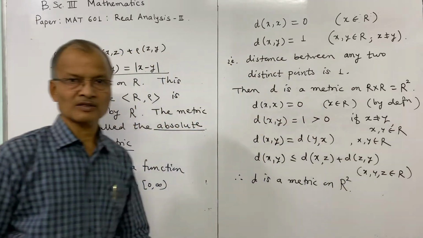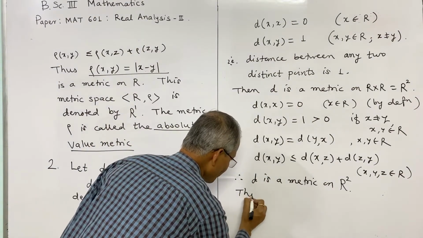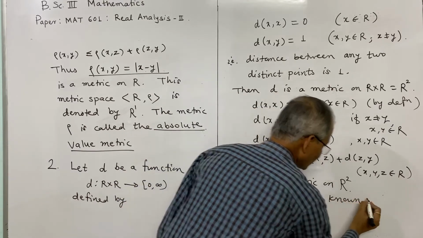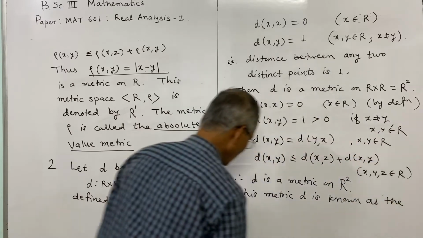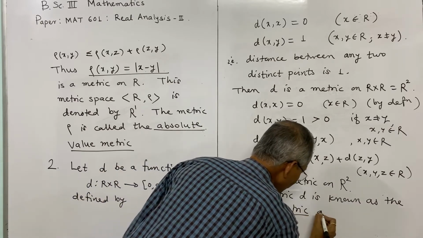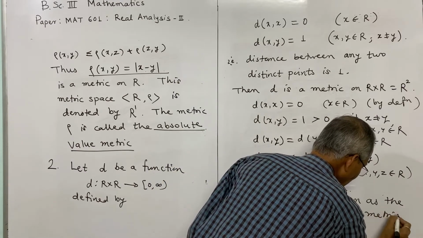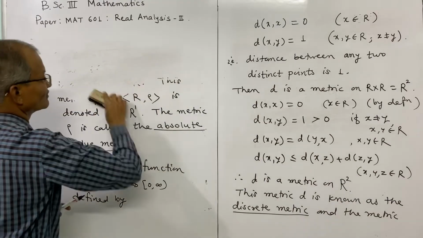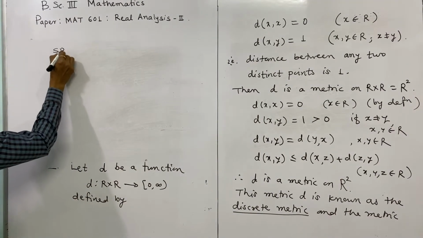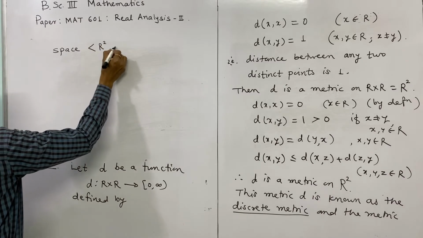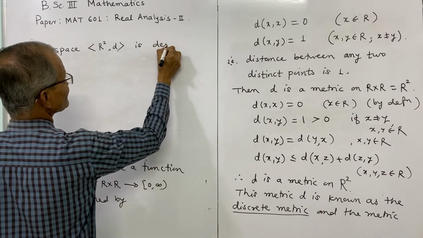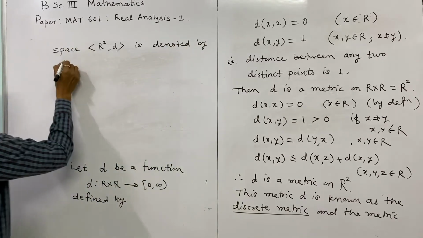This metric is known as the discrete metric, and the metric space R2 with D is denoted by RD.